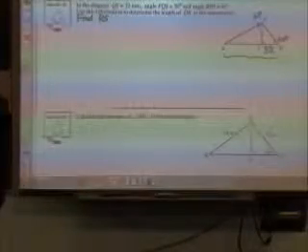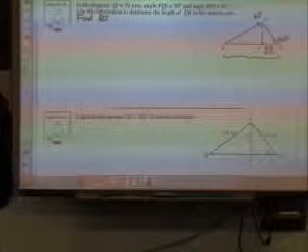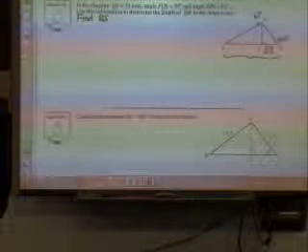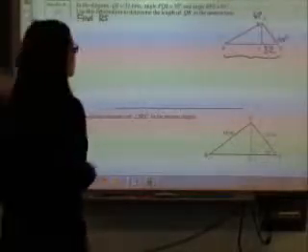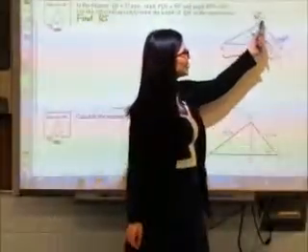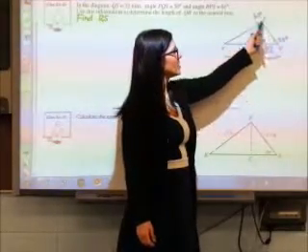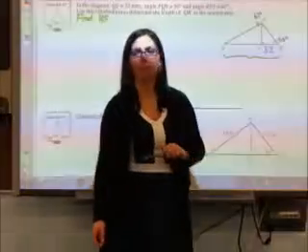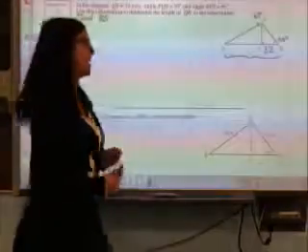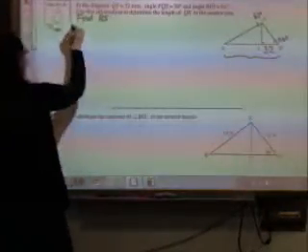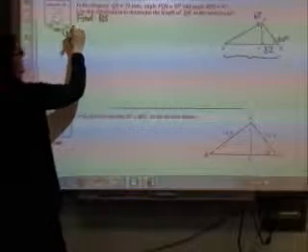If I'm talking about side lengths, I need an angle and a side. If all I have are 2 angles in a triangle, I cannot find anything. I need at least one side measurement. So is there a side measurement from triangle PSQ that I could use to help me solve for PSR? PS. So we're going to start off with finding PS.